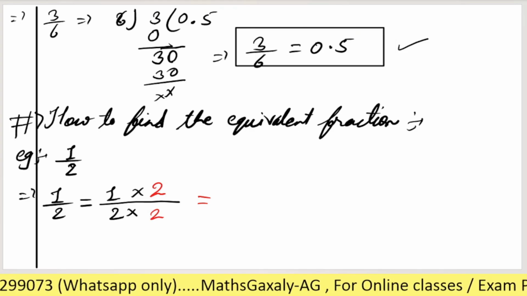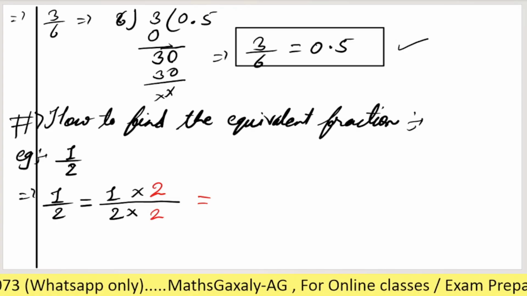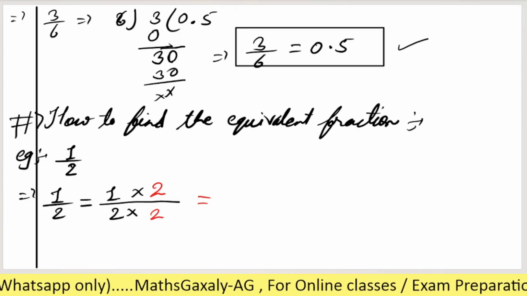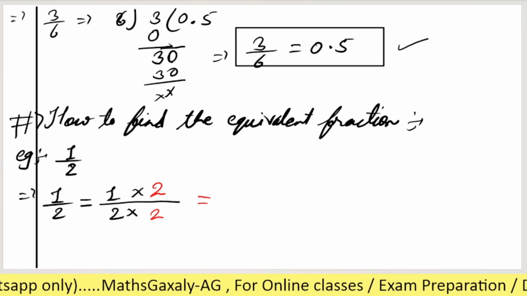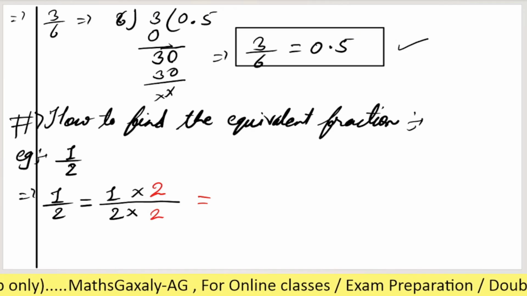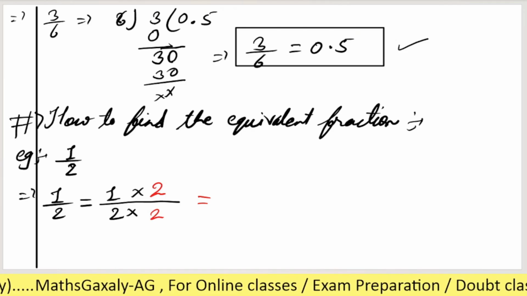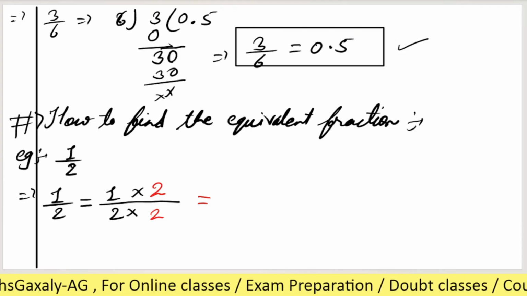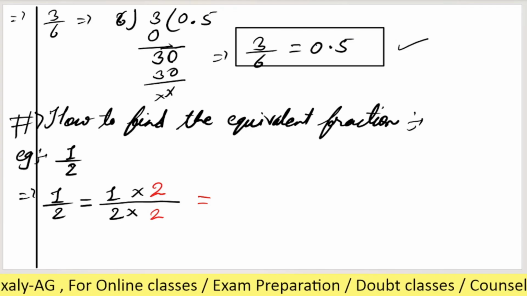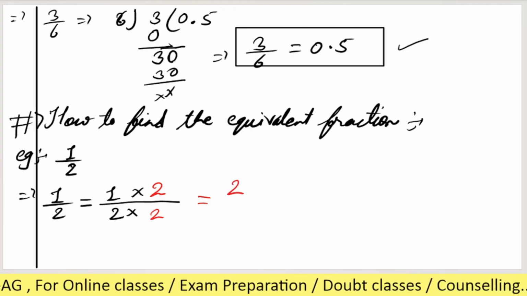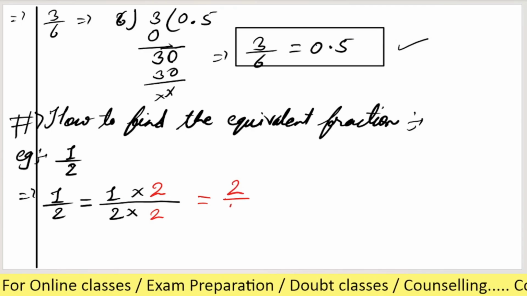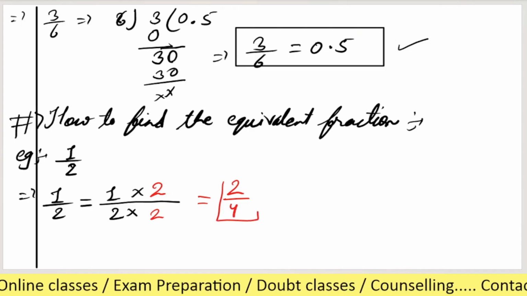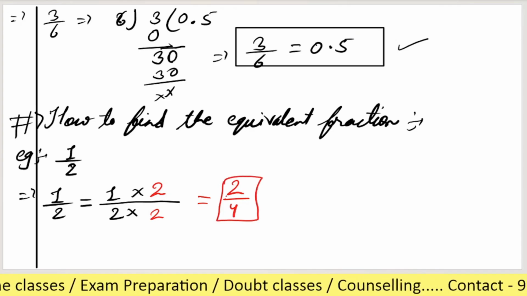If you are taking 7, then you multiply both by 7. But to avoid confusion, please try to multiply by the counting numbers and start with 2. So here you will get 1 into 2, it will be 2 by 4. So this is the first equivalent fraction.